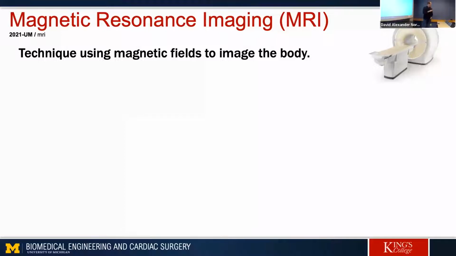Apologies if it's simplified. Just to give everybody else an idea, this technique uses magnetic fields to probe what's happening in the body. You excite areas in the body. What you're exciting is water molecules. You give them some excitation and watch the relaxation, and from that you can develop images of what the heart actually looks like.